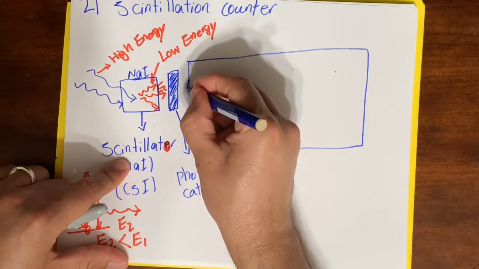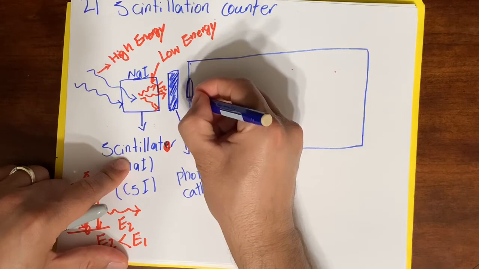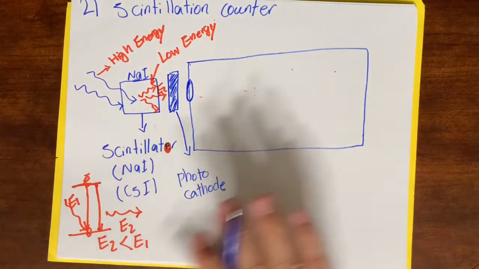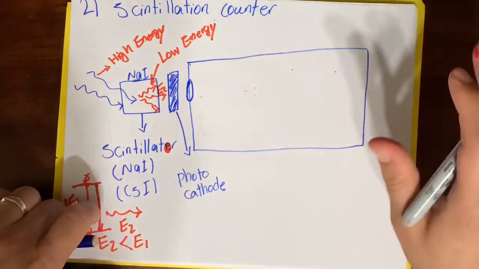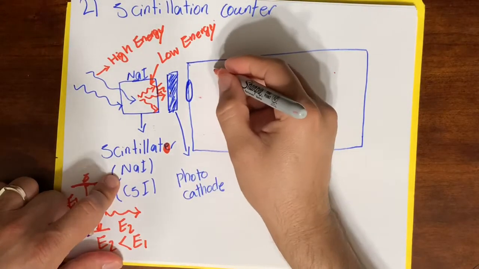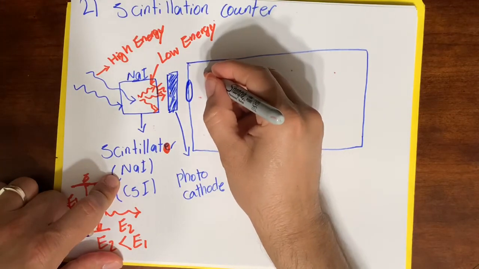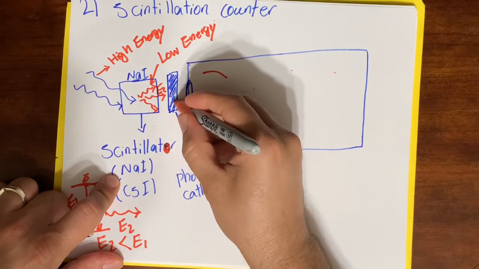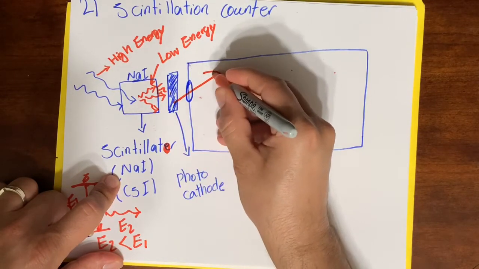We put something here that is similar to a lens. It will focus the ejected electrons to somewhere. So we will have a curved area here. Let's say the first electron got ejected and this electron is going to go there.